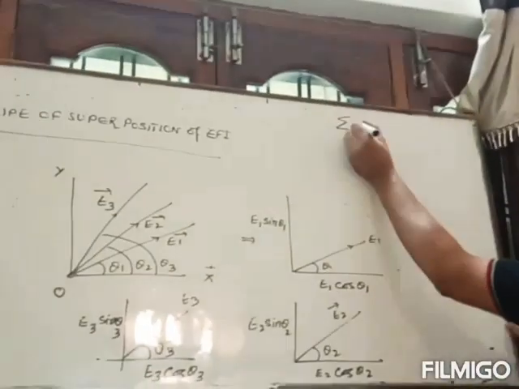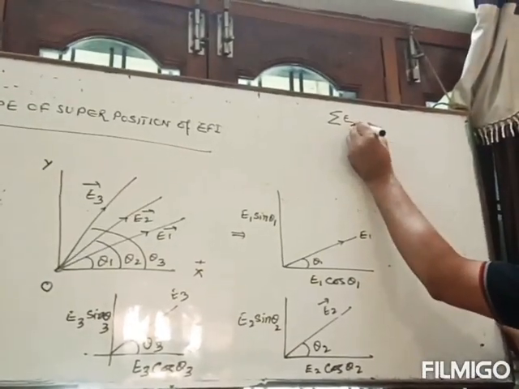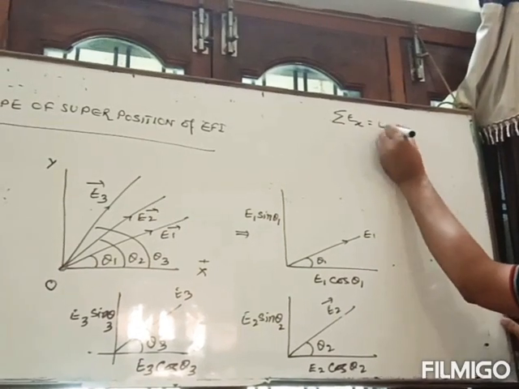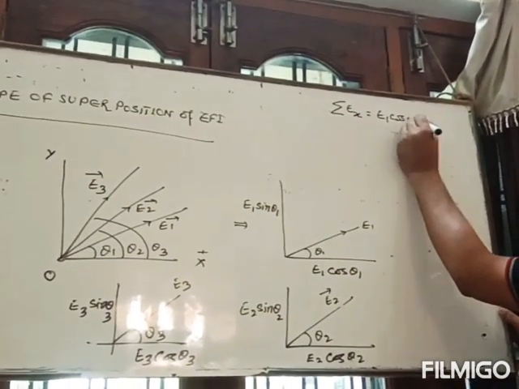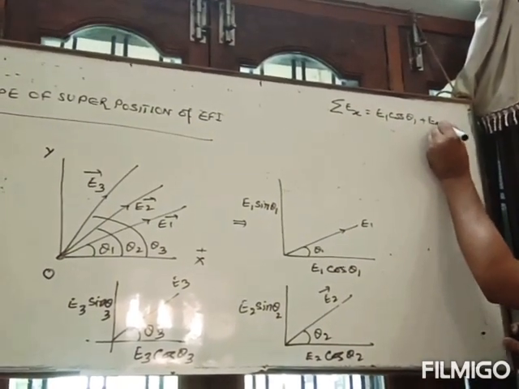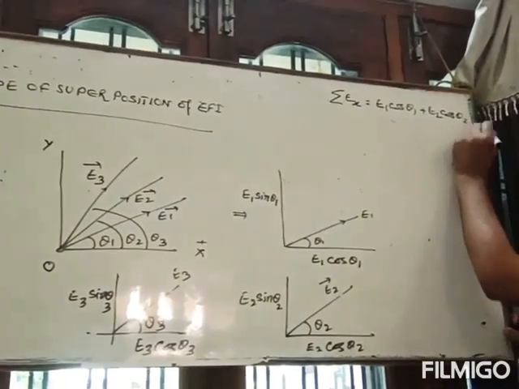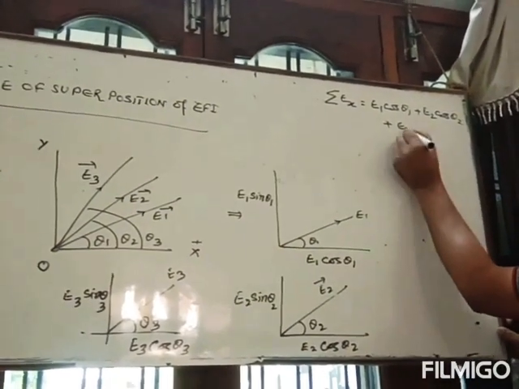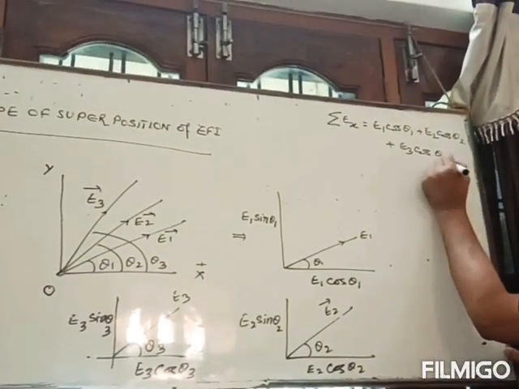After that, we will take the summation of each horizontal component. Suppose it is Ex, it is equal to E1 cos theta 1 plus E2 cos theta 2 plus E3 cos theta 3.